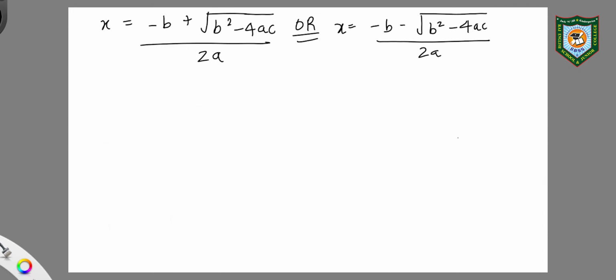Now, as we can see, we have two roots. So therefore, one of the roots is called alpha and the other root is called beta.